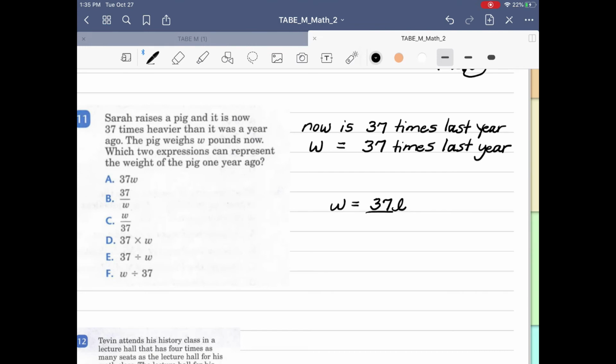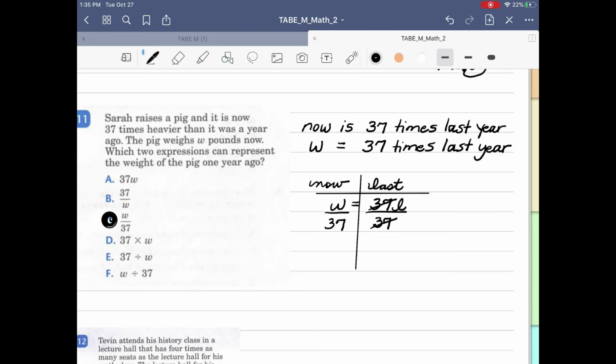So if I divide 37L by 37, in other words, I am just solving this problem, I would have to do that over here as well. And look at what we stumble onto. Last year and now. So W divided by 37, that's going to be C.